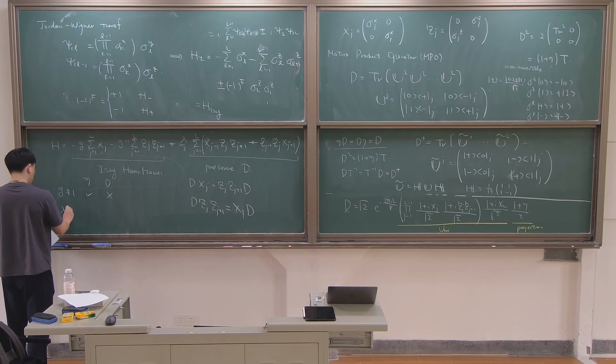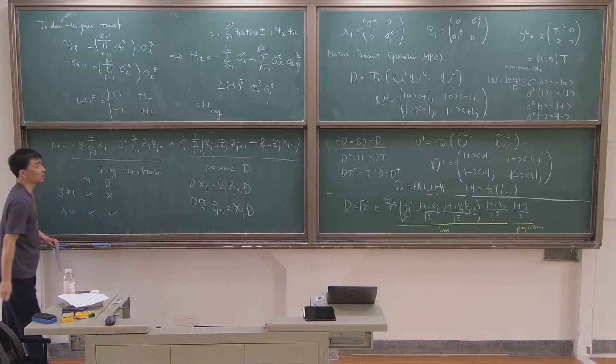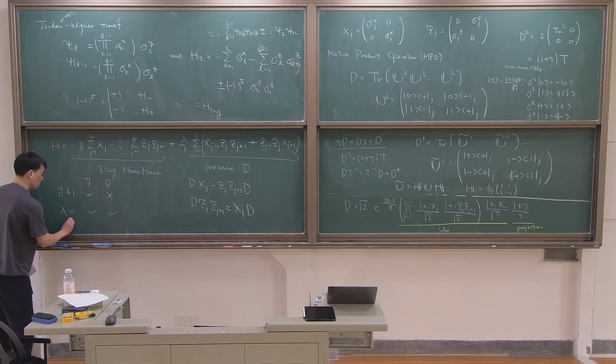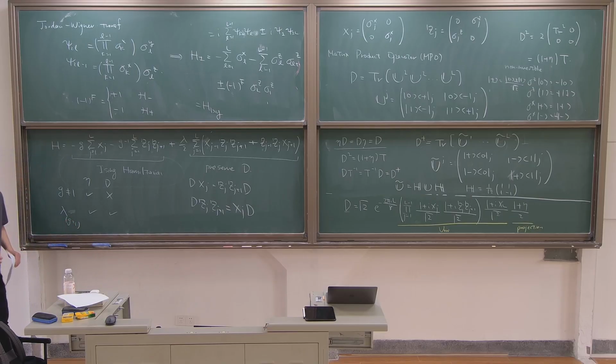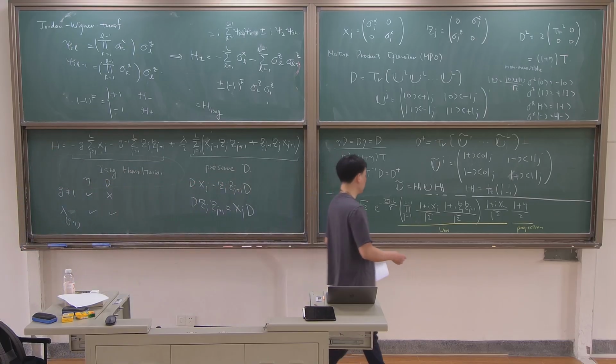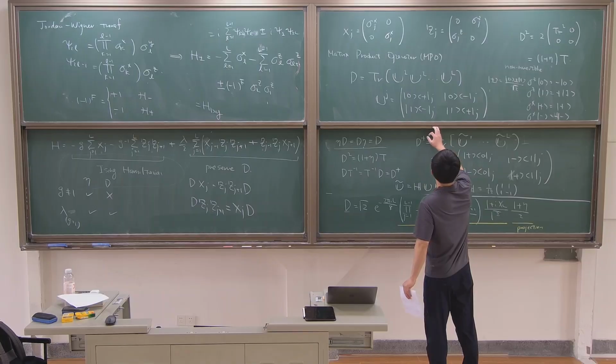But if you turn on lambda, A and D both exist. The sign flip and D commute with H once you set G equal to 1. G equal to 1 has both symmetries. And the question is what's going to happen in the system.